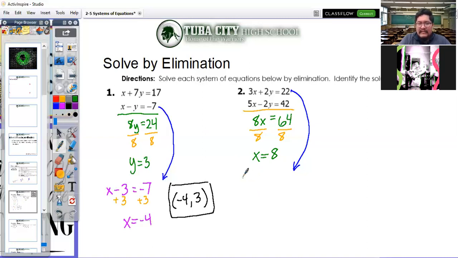So let's go ahead and plug it in. So 3 times x, so I'm going to plug in 8 for x, plus 2y equals 22. There you go. Just plug it into either one of those will work. 3 times 8 will be 24, plus 2y equals 22.